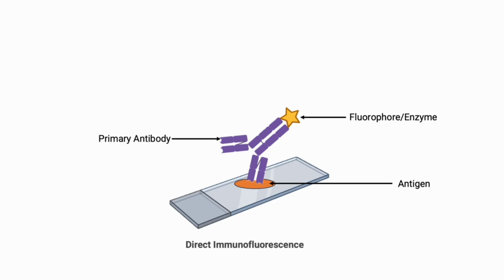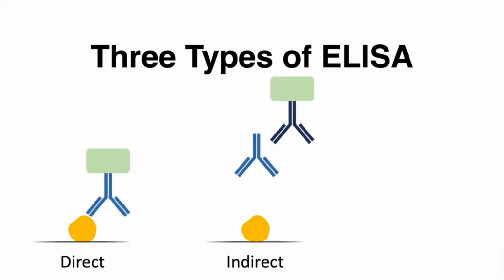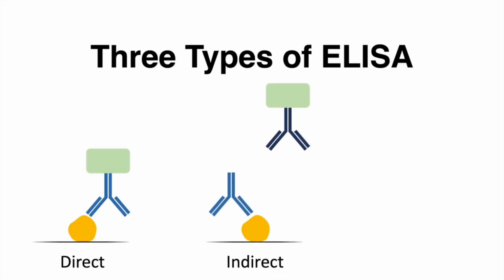So this is the direct ELISA, where first the antigen is immobilized on the surface, then the antibody is applied, which has the enzyme, and so the antibody is enzyme labeled, and there will be a detection and formation of the color. So in direct ELISA, there is direct interaction between the antibody and antigen, and no other interaction takes place.